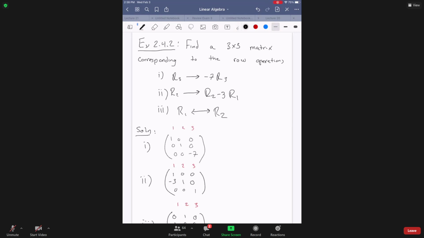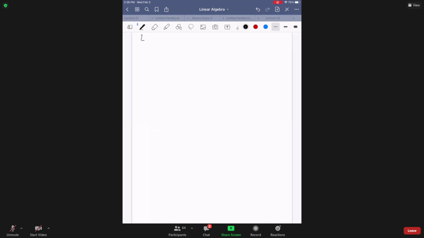So let us see how to express row operations using matrix multiplication. I'll illustrate with this example, 2.4.3.